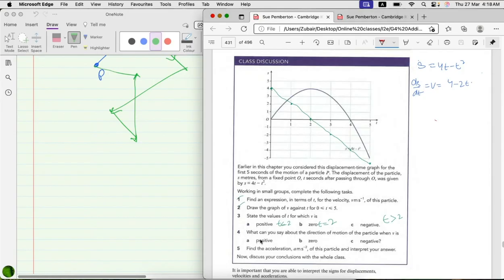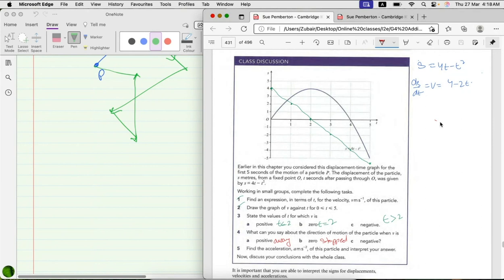What can you say about the direction of motion of the particle when velocity is positive? So when velocity is positive, it is moving in one direction, I would say away from the origin. When it is 0, it stopped. Velocity is 0, the car is at rest, not moving.